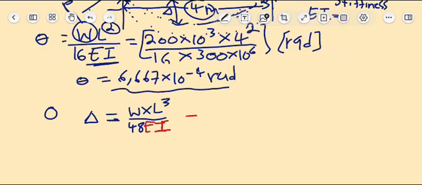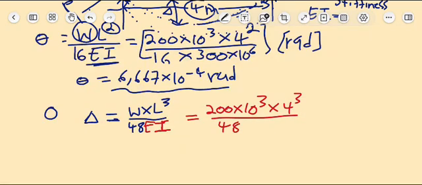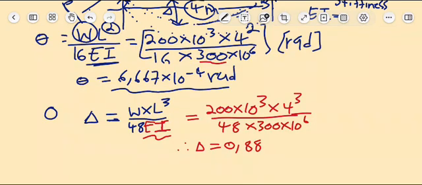Then we substitute the load. We still have 200 times 10 to the power of 3. The length is still 4, so we cube that length, divide by 48, and multiply by 300 times 10 to the power of 6. Therefore the deflection gives us 0.889 millimeters.